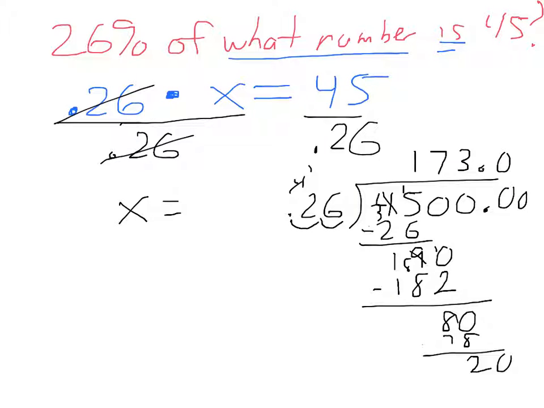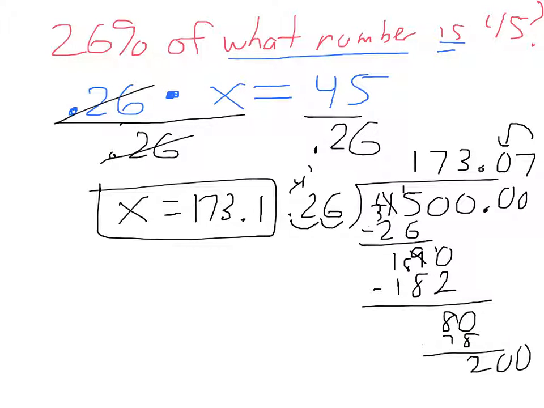Add another 0, bring it down. Does it go into 200? Yeah. How many times? 7 times. Well, since I want to go to the nearest tenth, do I round up? So x is 173.1. And that's how you find out what number it is.